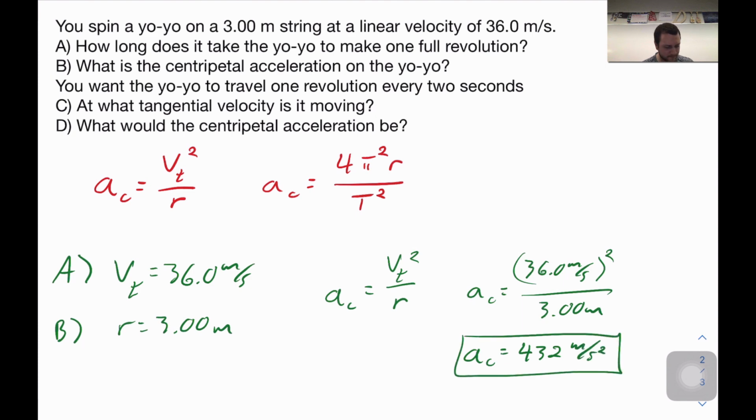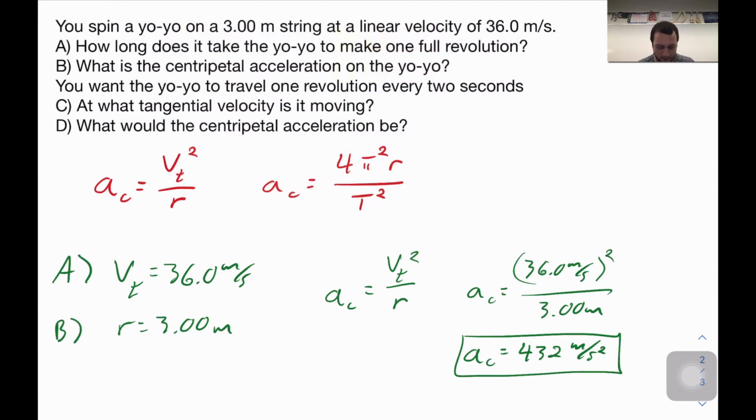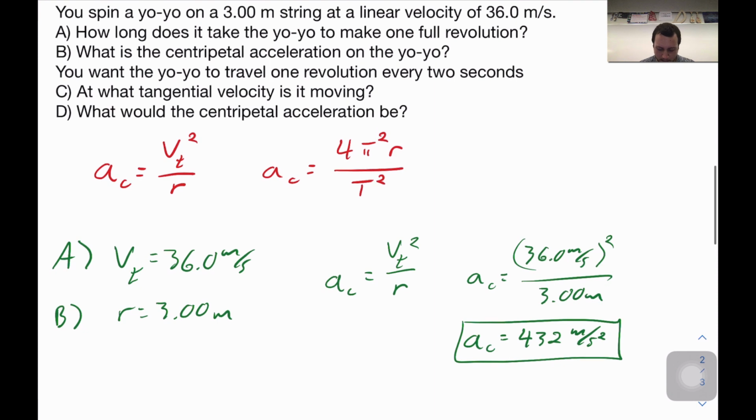The next part of this problem, which would technically be part A, how long does the yo-yo take to make one full revolution? Here we have two different ways that we could go about this. We could look at our centripetal acceleration formula, the second one here, a_c equals 4 pi squared r over t squared.